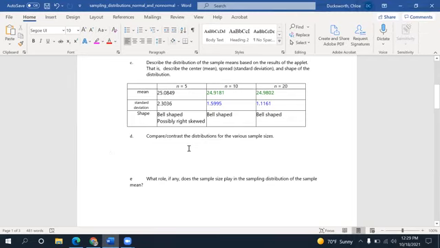The standard deviation is decreasing the higher the n is.